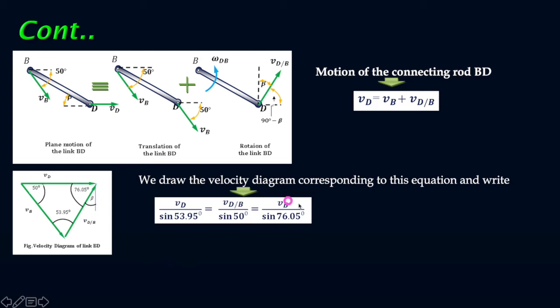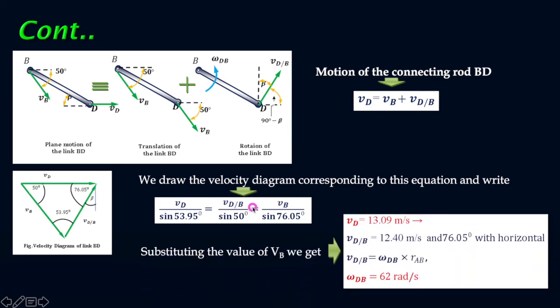Now you notice VB is known and all the angles are also known. So from this equation we can get the values of VD and VDB, calculated here: 13.09 meter per second, and VDB equals 12.40 meter per second. We can also calculate the corresponding angle at which this velocity is working. It is 76.05 degrees with the horizontal as shown in the figure.